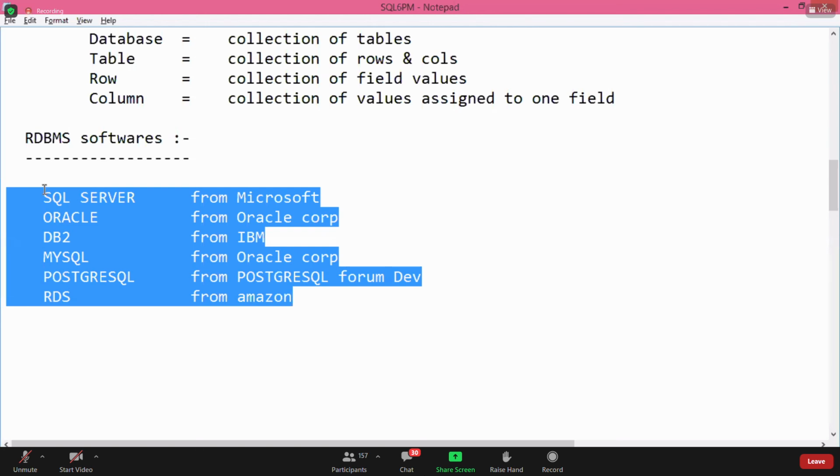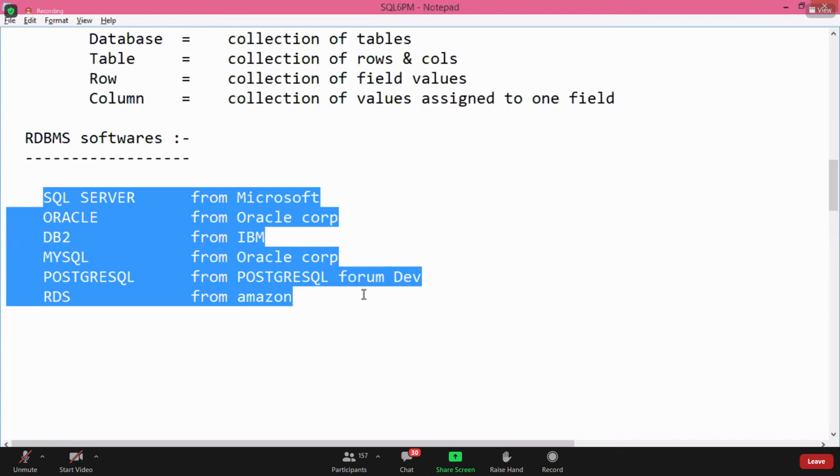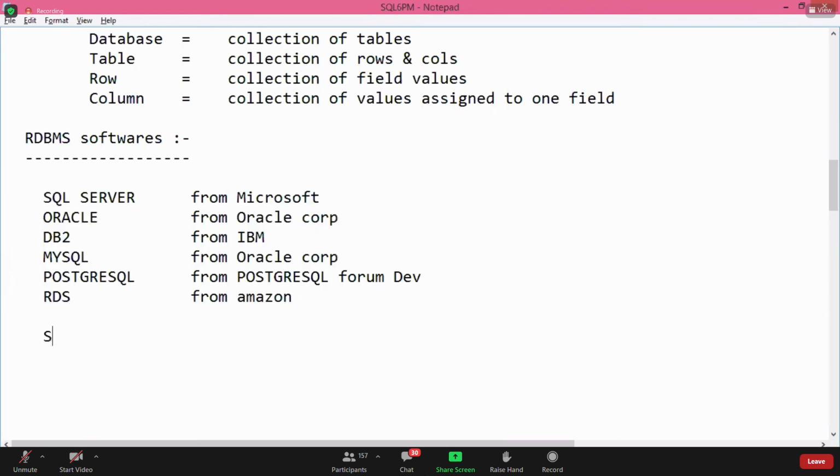All these softwares use a common language. What is that common language? SQL. SQL Server uses SQL. Oracle uses SQL. DB2 uses SQL. MySQL uses SQL. PostgreSQL uses SQL. RDS uses SQL. All these databases use SQL. So the language is the same, and the working is also the same.